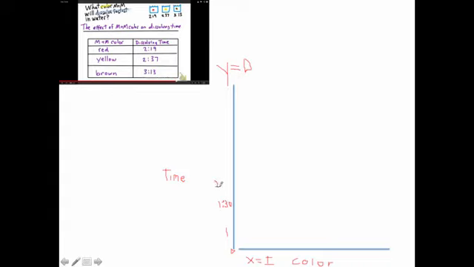I'm doing 30 seconds because 30 seconds is half of 60 seconds, which is half a minute. So 1 minute 30 seconds, 2 minutes, 2 minutes 30 seconds, and then 3 minutes, and then 3 minutes 30 seconds.